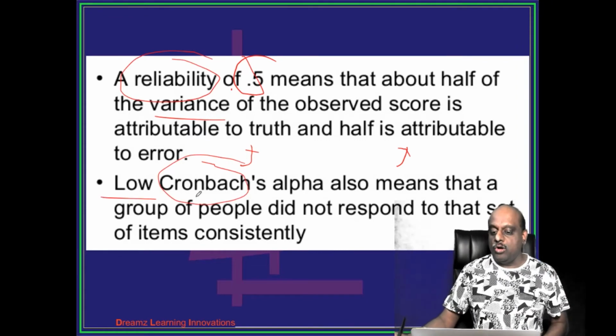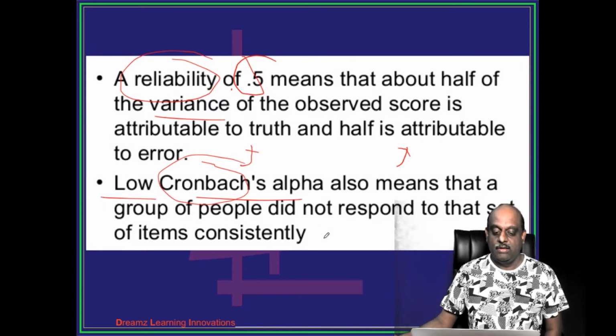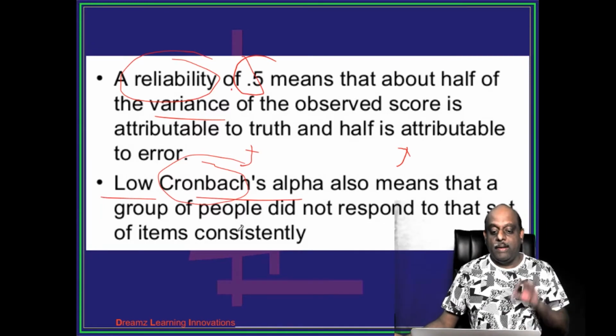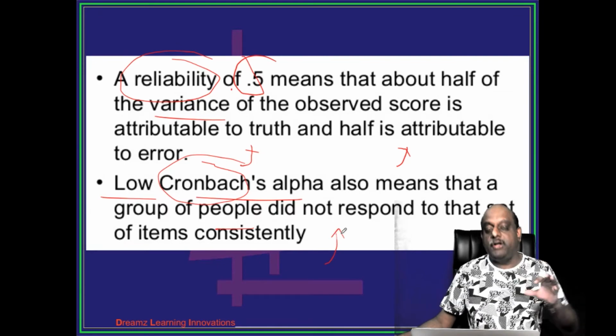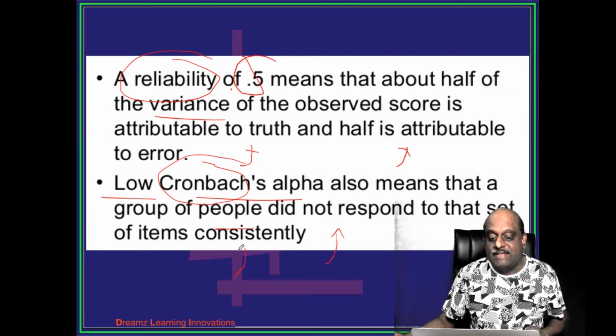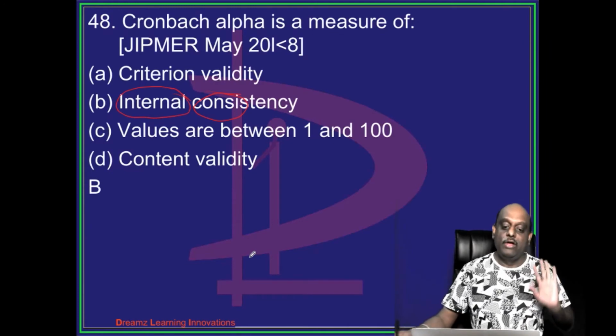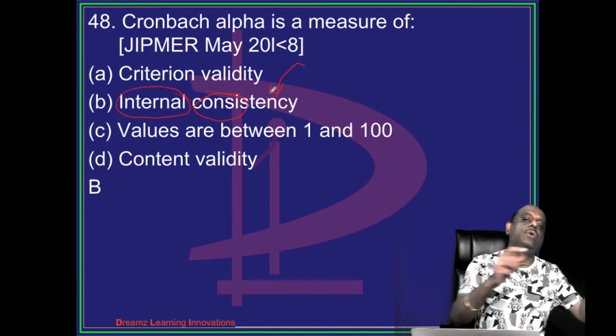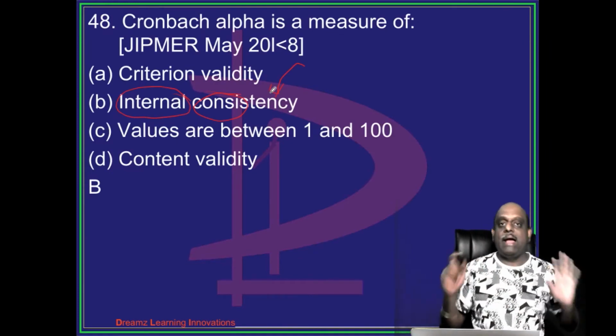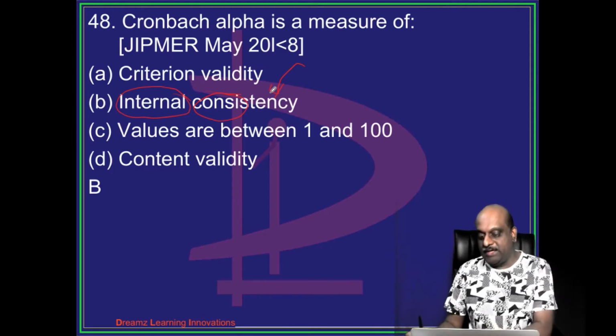So low Cronbach's alpha means the people did not respond to that set of items consistently. So that is the reason. एक ही बात याद रखो, internal consistency को टेस्ट करने के लिए Cronbach's alpha is the measure that we use.